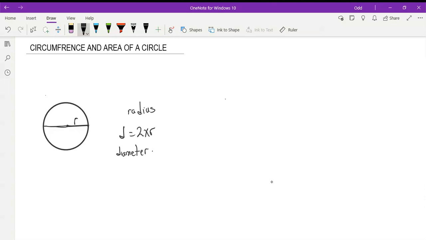If you want to find the circumference of a circle, the formula is 2 pi r, where pi can be 22/7 or 3.14, or some people use 3.142. It depends on what the question asks you to use, but the common ones are 22/7 and 3.14.